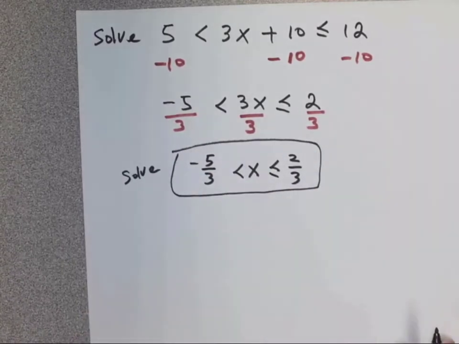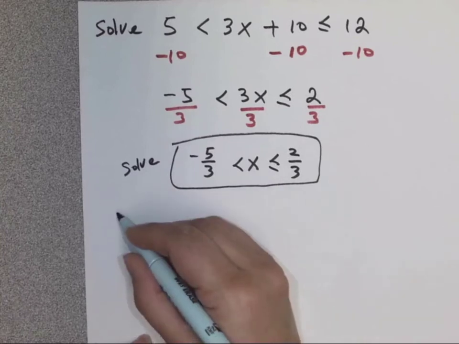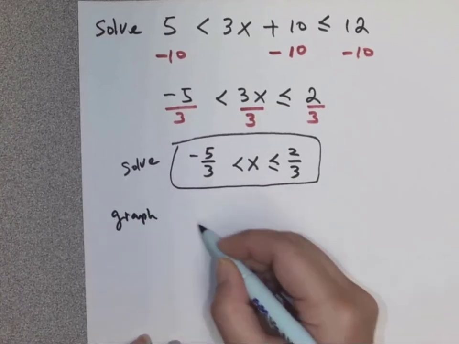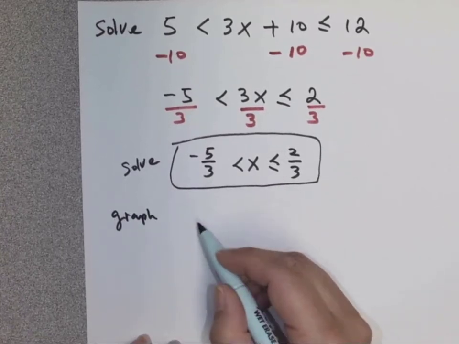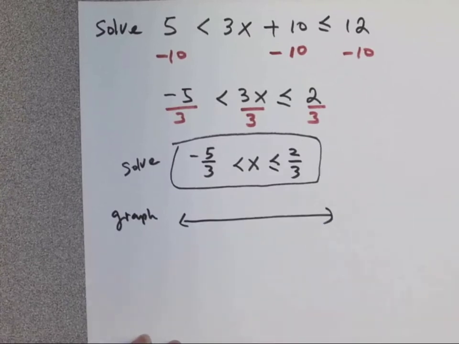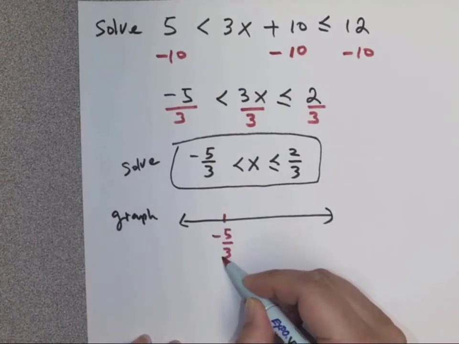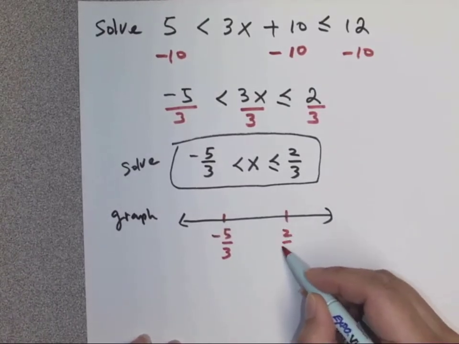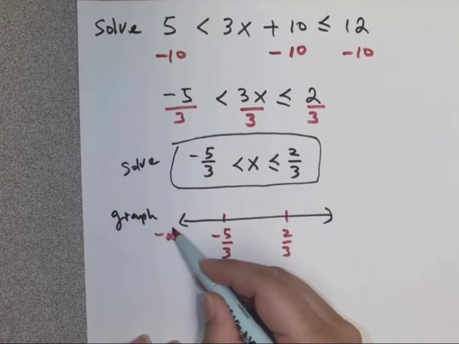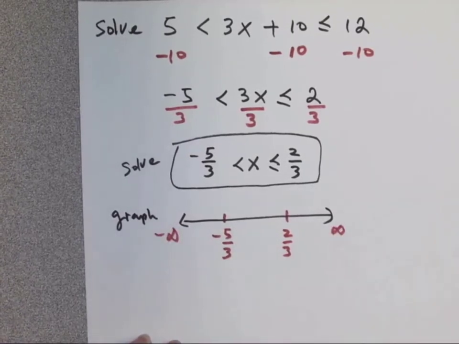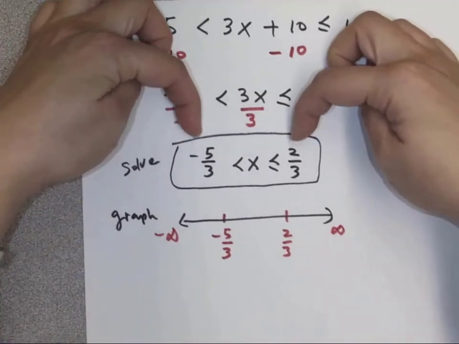This is the answer. How about the graphing part? To graph, first we draw a line. Second, we locate the 2 points, the small number first, -5/3, and then 2/3, right? Negative infinity over here, positive infinity over here, right? And where is x? x is between these two numbers.